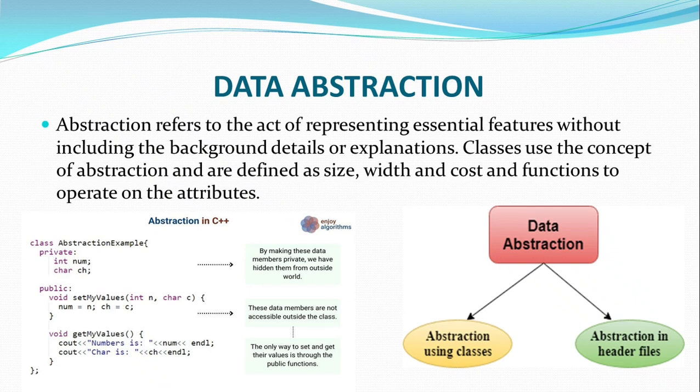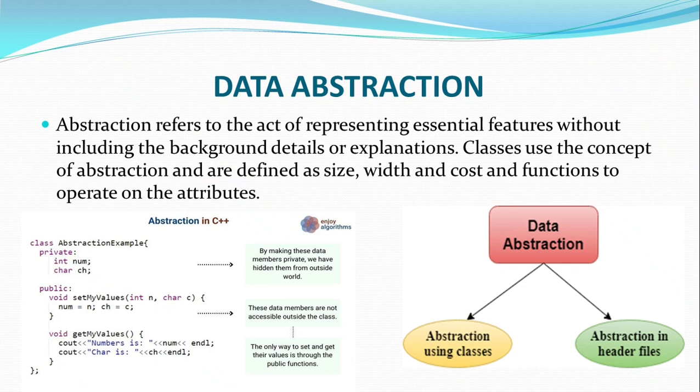Classes use the concept of abstraction and are defined by attributes such as size, width, and cost, and functions that operate on those attributes. Data abstraction means filtration. We use access specifiers: by making all the data private, the data is hidden and not visible to everyone.